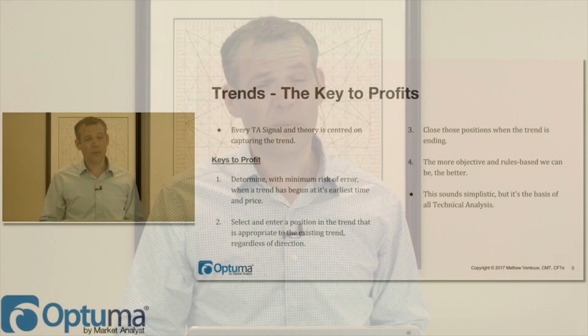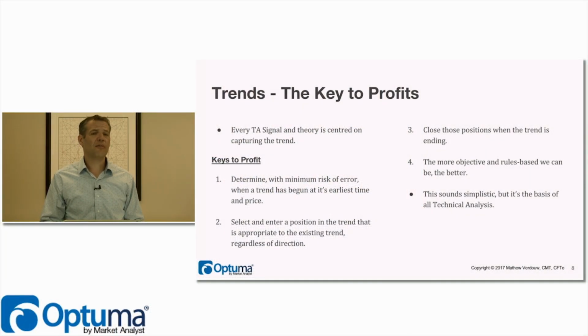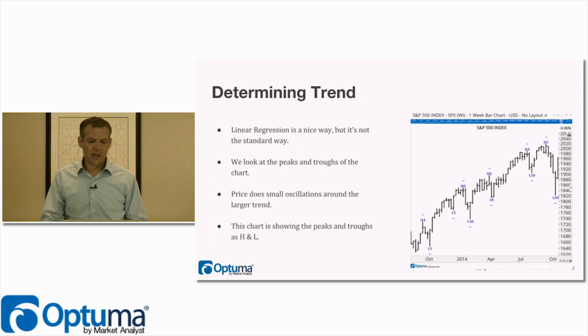So, very important as well. Sounds all simple, but it really is the basis of technical analysis. When we distill everything down, this is what we're all trying to do, is to capture those trends and get those capital gains.